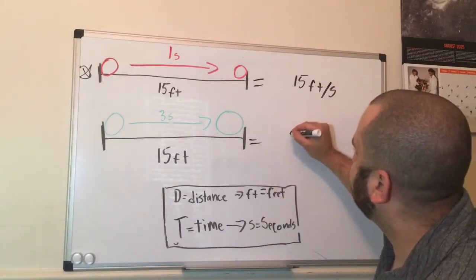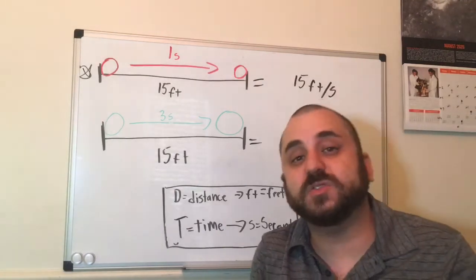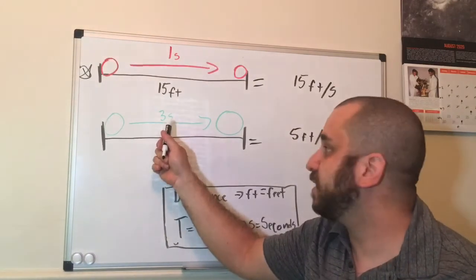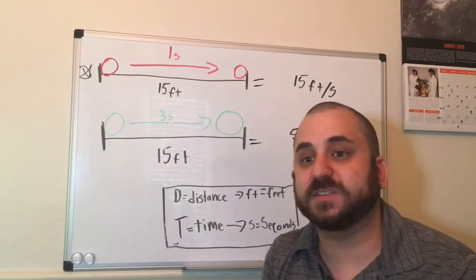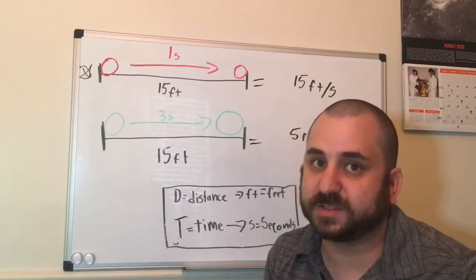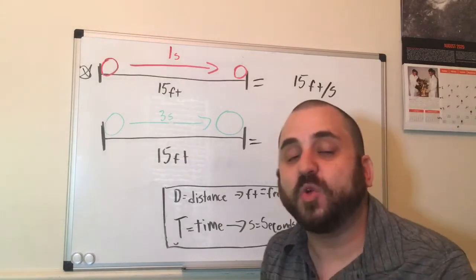That would be 5 feet per second, because you had to do some fancy division here and divide these 3 seconds into the 15 feet to figure out how many of those feet it could cover in just 1 second. Because as long as we're measuring by the same unit of time, we can compare.